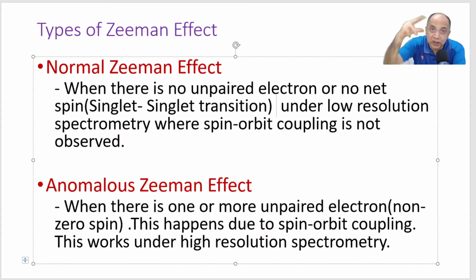So if all the electrons are paired, then there is no spin orbit coupling. The spinning of the electron will not have any impact on the splitting of a line, because the 2 are balancing each other. One magnetic field is cancelled by the other because it is paired.